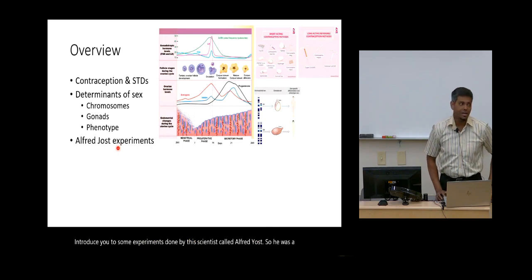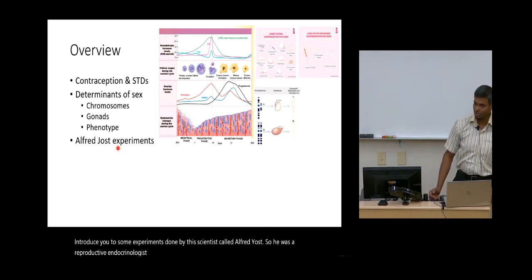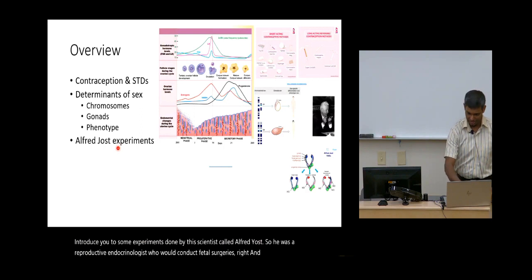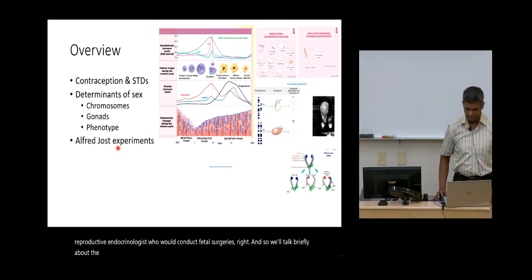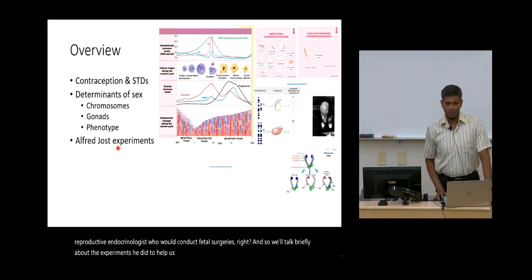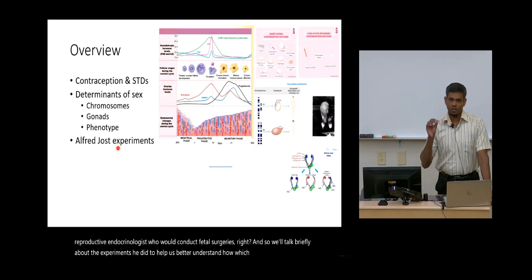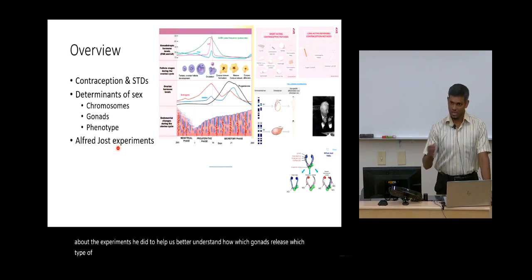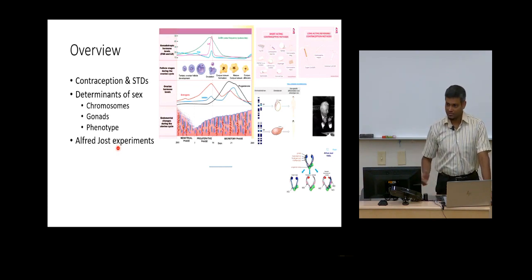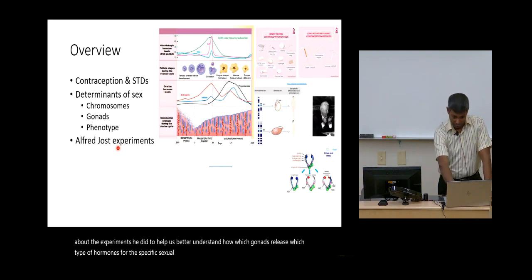So he was a reproductive endocrinologist who would conduct fetal surgeries, right? And so we'll talk briefly about the experiments he did to help us better understand which gonads release which type of hormones for the specific sexual phenotype.